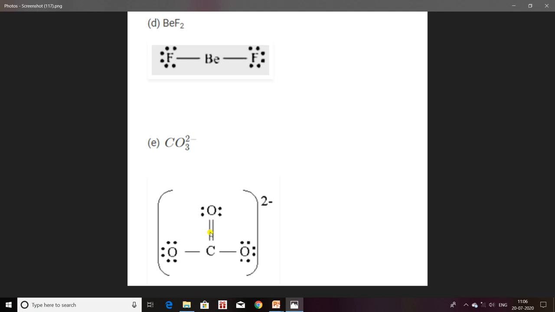Okay, so there will be formation of double bond, right? So octet of oxygen is complete. 1, 2, 3, 4, 5, 6, 7, 8. Okay. And carbon needs 4 electrons. So it will take 2 electrons from this atom, 1 electron from this atom, 1 electron from this atom. So by this octet of carbon will be complete.